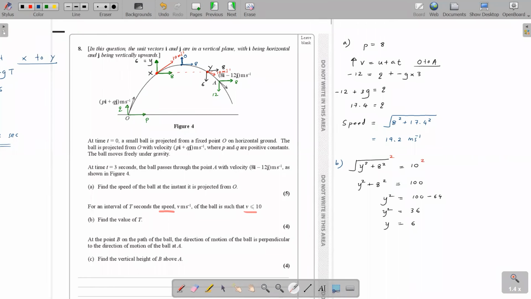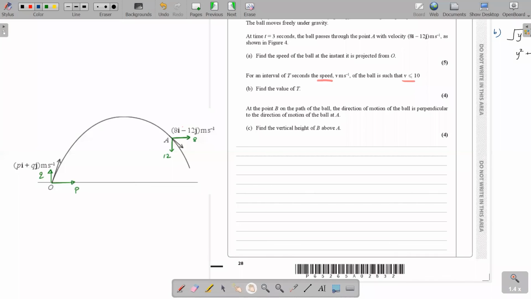First thing is you need to identify where this point B is, right? How do we identify where B is? How do we find the position of B? They say at the point B on the path, the direction of motion. Direction is what you get through the speed.